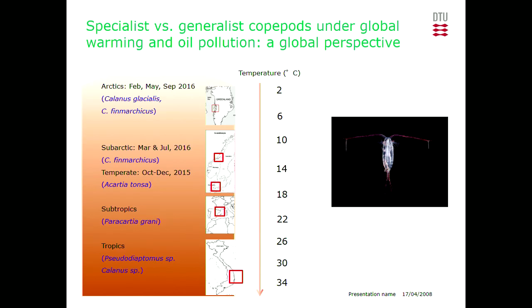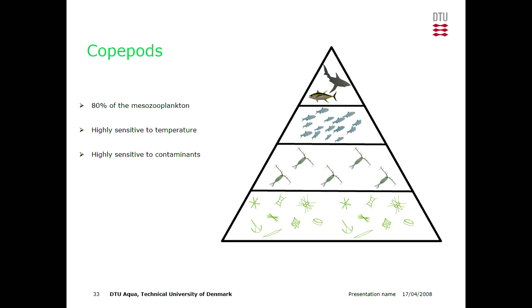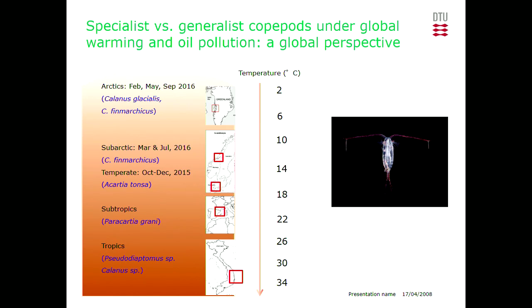And with copepod species, because they are the key group in the marine ecosystem, and with different temperatures from 2 to 34 degrees, from the Arctic ecosystem to subarctic, subtropic and tropical ecosystems.